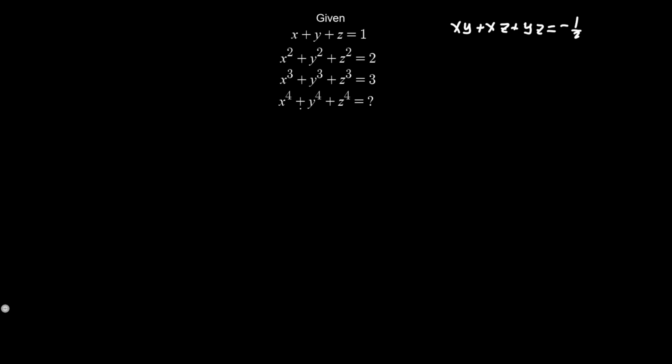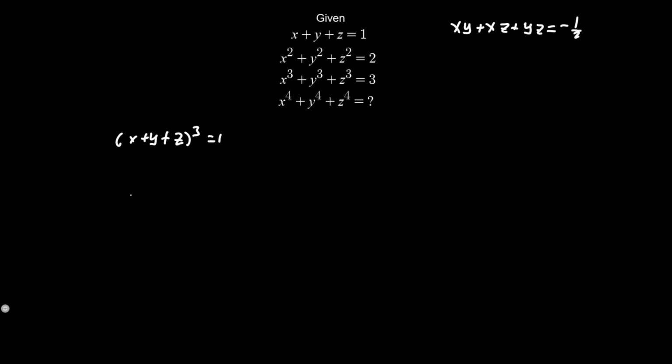Now what we're going to do is look at the third equation, and to that we're going to cube the first equation. So we will have (x + y + z)^3 equal to 1.